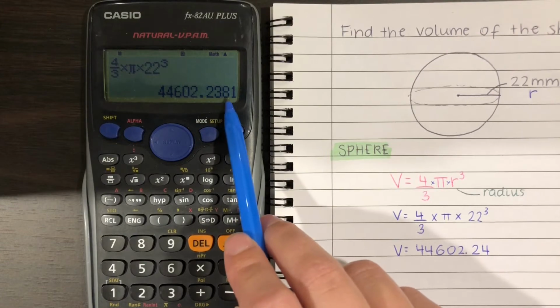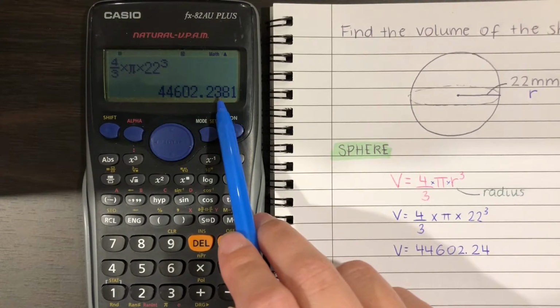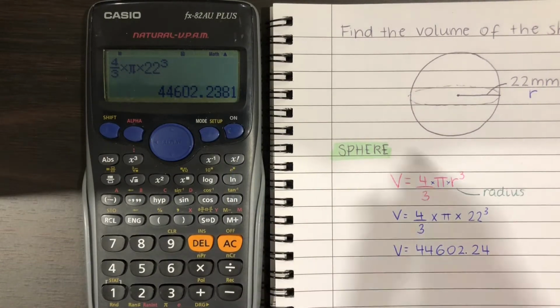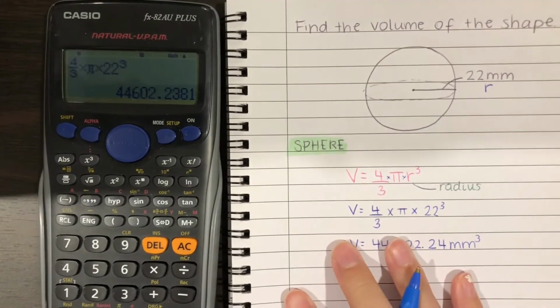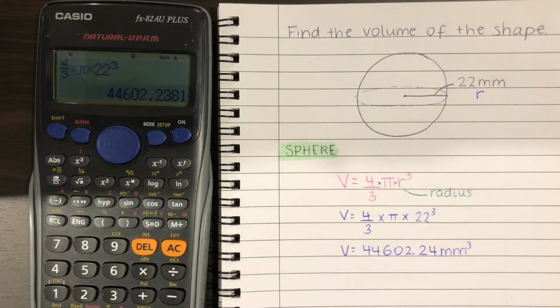So that means that this number here will go up 1. So it'll change to 0.24, okay? And our units are millimeters cubed because we've calculated volume. Now, this is telling us that this sphere has this much space inside of it because that's what volume is.